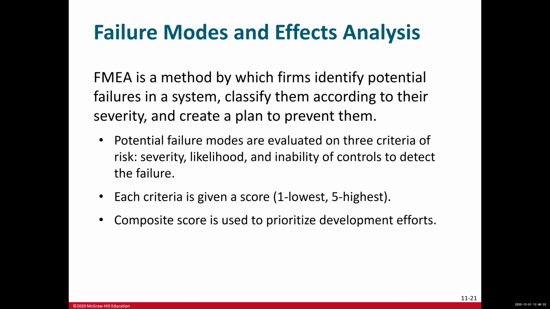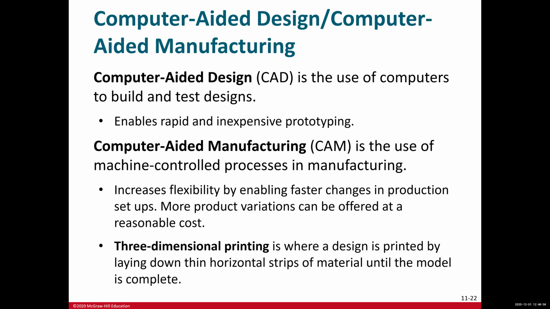Usually we have SLD: severity, likelihood, and inability to detect. Then we multiply them and calculate the risk priority number, or RPN, and prioritize those numbers to be able to address them and make sure that we have foreseen those cases.